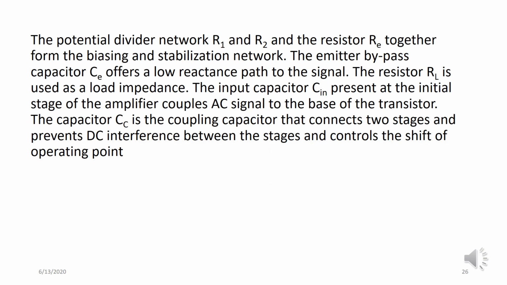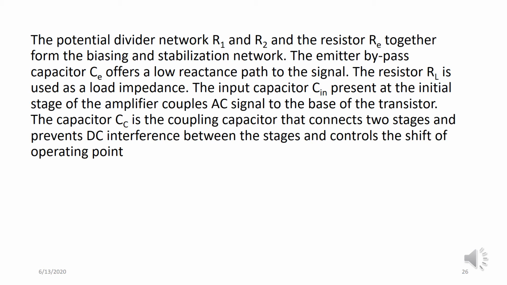The potential divider R1 and R2 and the emitter resistor RE together form the biasing and stabilizing network. The emitter bypass capacitor CE offers a low resistance path to the signal. The resistor RL is used as the load impedance.